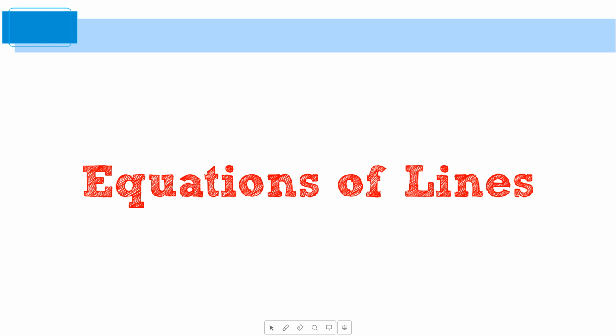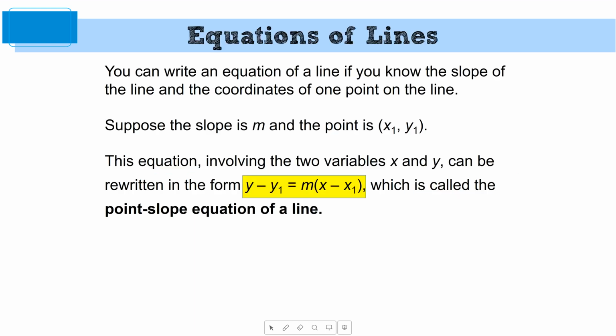Equations of lines: two main equations of lines, slope-intercept and point-slope form. Which do you prefer? Point-slope. Point-slope, excellent answer. If you are not a point-slope fan, I cannot encourage you enough to switch over. If you're one of those people that loves y equals mx plus b, your life will be made a lot easier if you could switch to point-slope form.